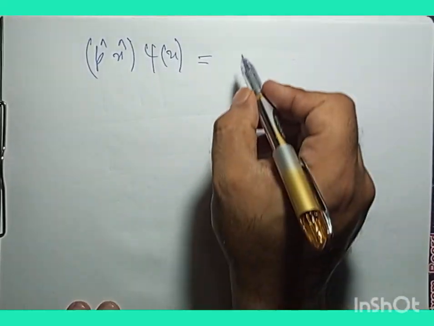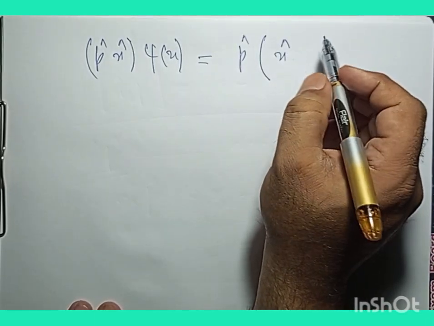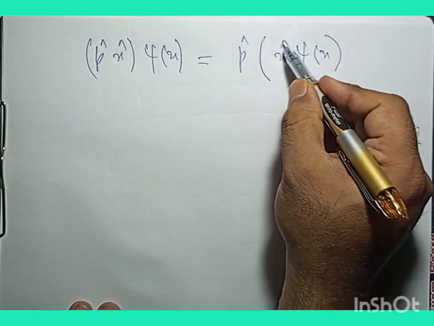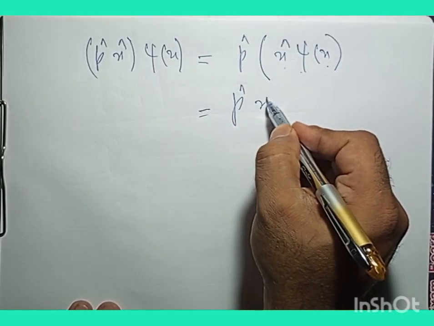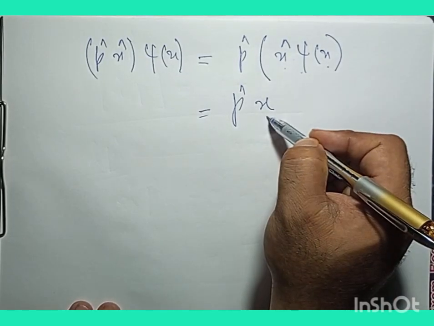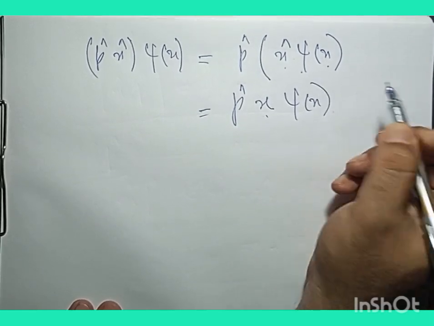So this will be p cap times x cap psi of x. The x cap will operate on the wave function psi of x, so we'll have p cap x psi of x. Now it's not an operator, because the operator has acted on the wave function, so we have got x.